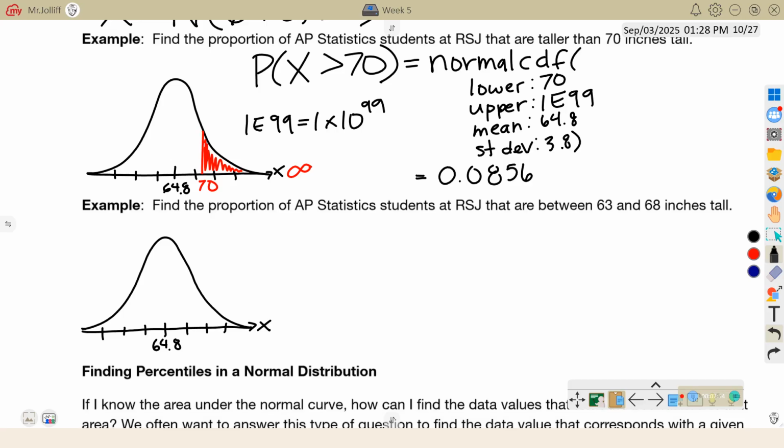If I hadn't done this already in a previous example, labeling those hash marks and writing my probability statement. So I want to find the proportion of AP statistics students that are between 63 and 68 inches tall.